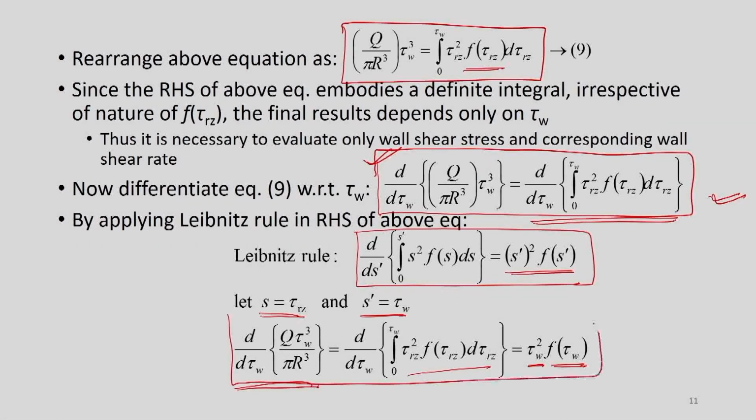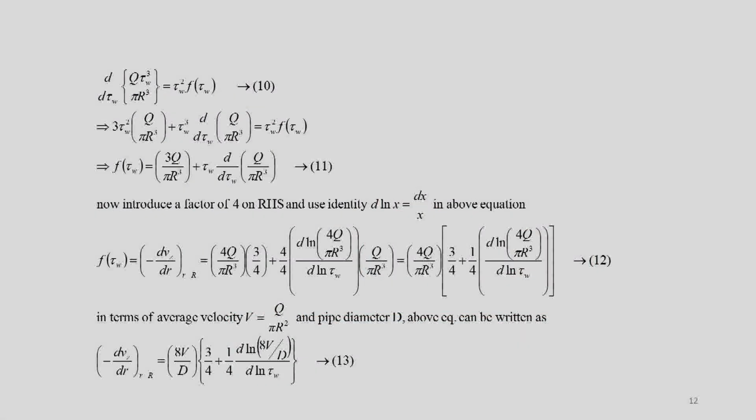So, we have further simplified this equation into a more usable form. Now, after applying the Leibniz rule, d by d tau w of q tau w cube by pi R cube is equal to tau w square f of tau w. Still we do not know what f of tau w is, but we try to simplify it now.